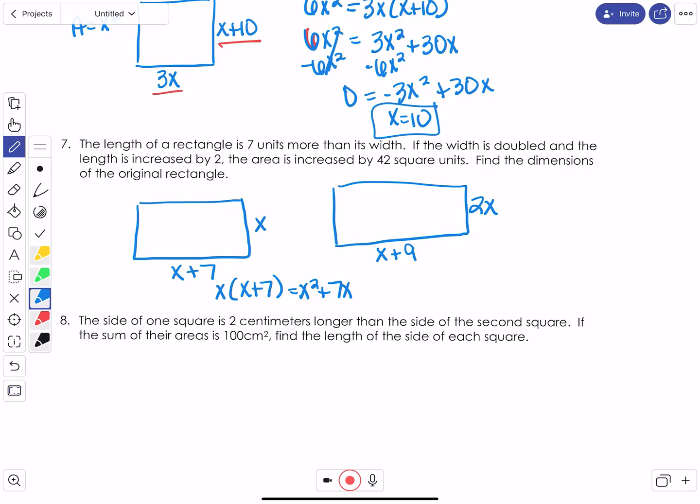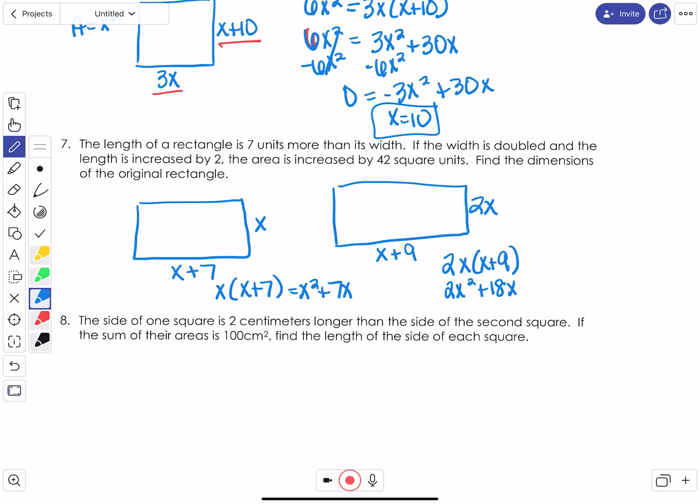And let's see here. And then your area over here, you've got 2x times x plus 9. So that's going to be 2x squared plus 18x. All right. And so then what it's saying, the area is increased by 42 square units.